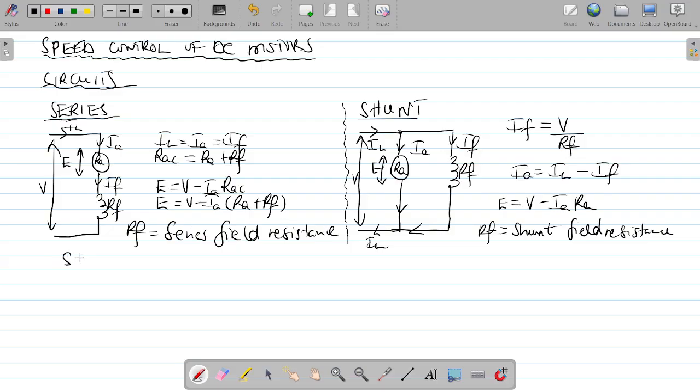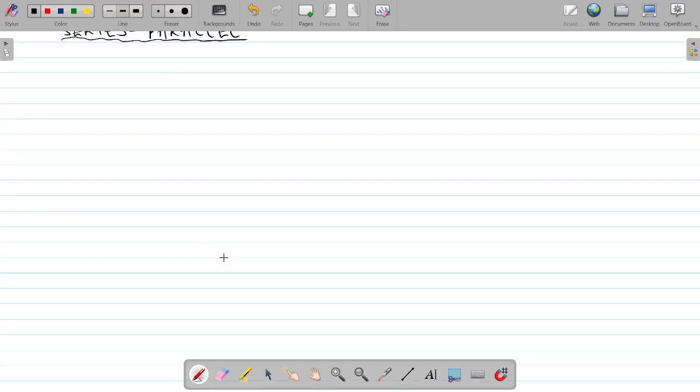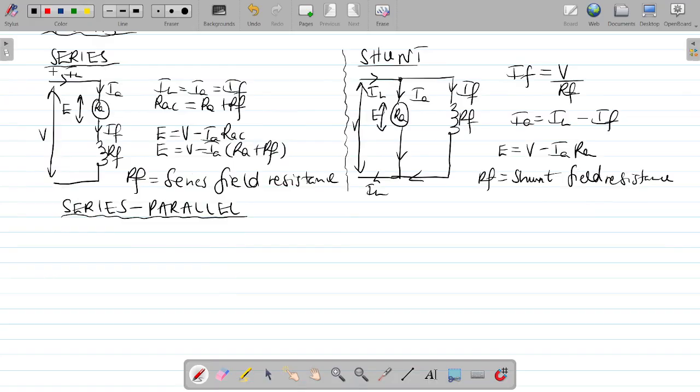What they'll do is give you a series circuit and add a new resistance connected in parallel with one of the field resistors. So for this scenario, they give us the original circuit which we have at the top.